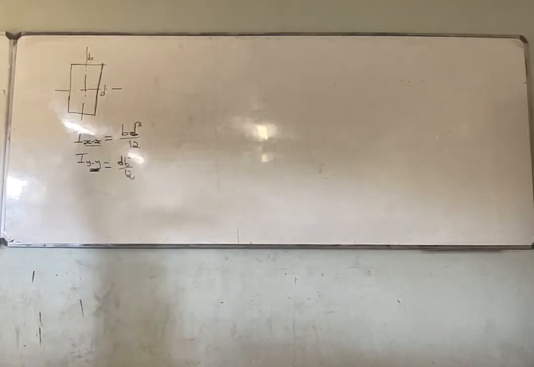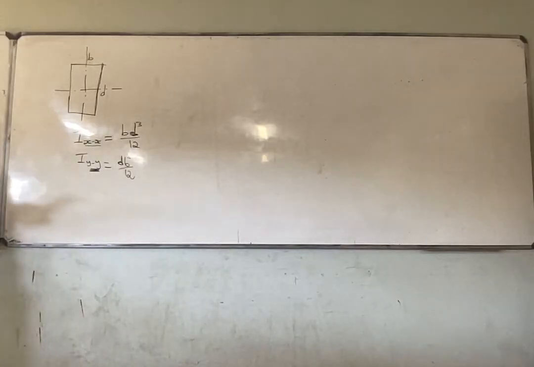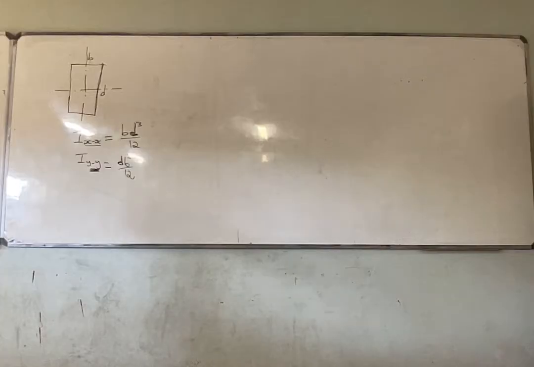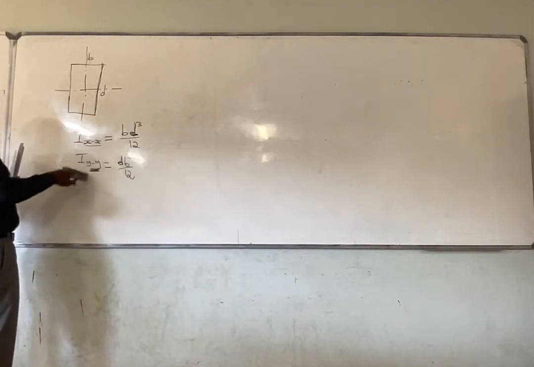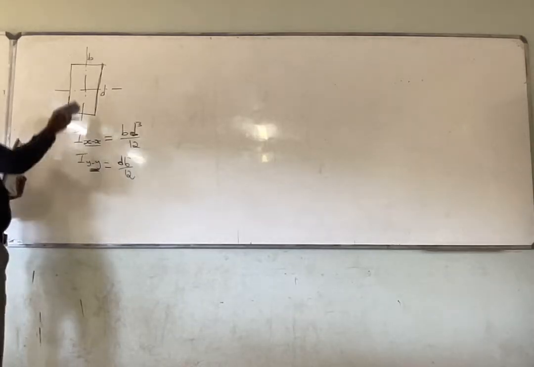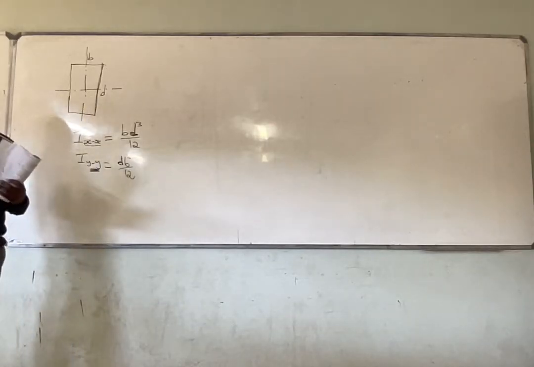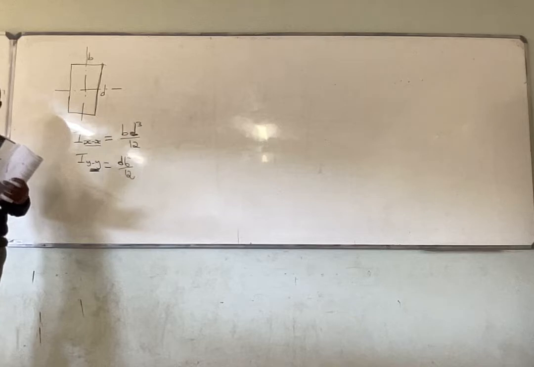You can check from your book. Or if it's hollow, you can also check there. Calculating Ixx and Iyy is much easier when you have only one area.